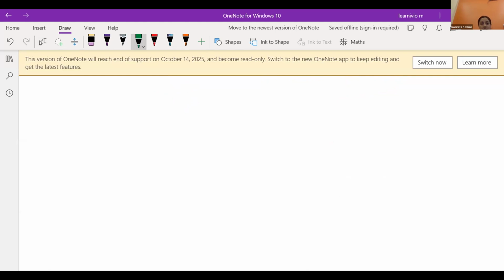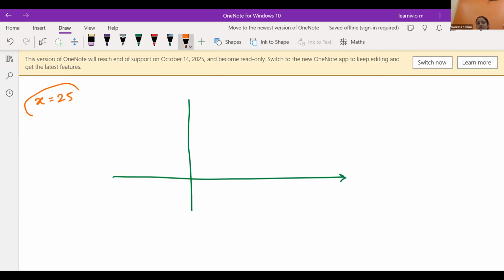Okay, now when we are having the coordinate axis, first thing, if I'm writing x equals 25, this is an equation. Why? Because the equality sign is there. In mathematics, wherever an equality sign is there, left hand side and right hand side will be there. No matter what is on the left side or the right side, we call it an equation. Two things are there: expression and equation. An expression looks like x plus 2 plus y.